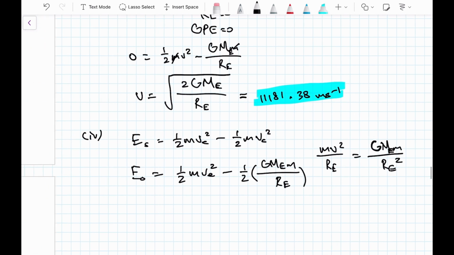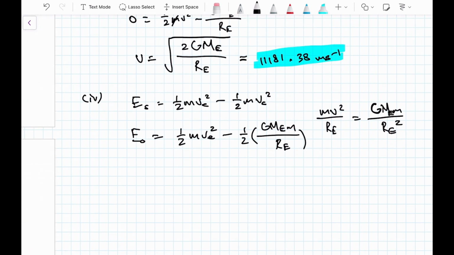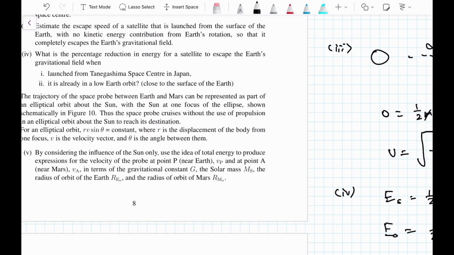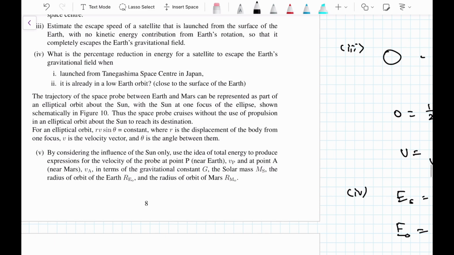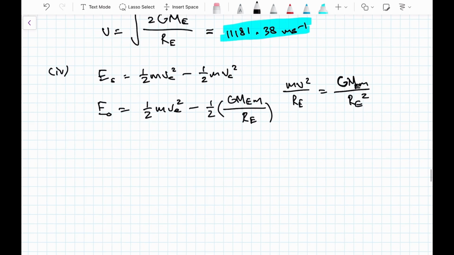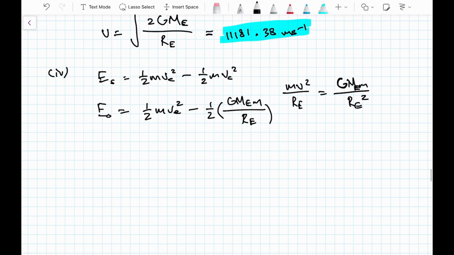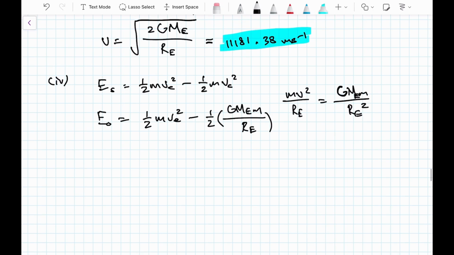And then the percentage reduction in energy. Which one is actually greater? Because it says percentage reduction, the initial value is the greater energy. Let's just calculate the difference between them first, ES minus EO.